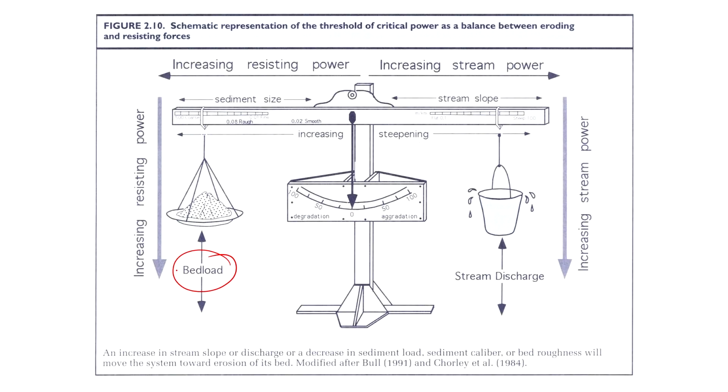Bed load can change because of the resisting power and all that, and the stream slope also will affect your discharge. Now if they are triggered by tectonic activities or non-tectonic activities, how can we differentiate? So, factors controlling gradation and degradation process. A few points we have discussed in the previous lecture also.